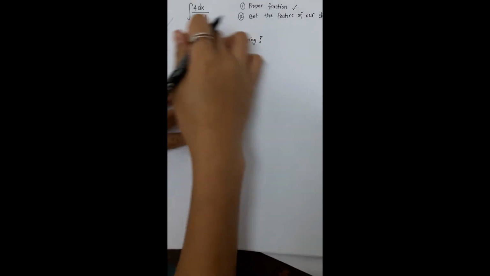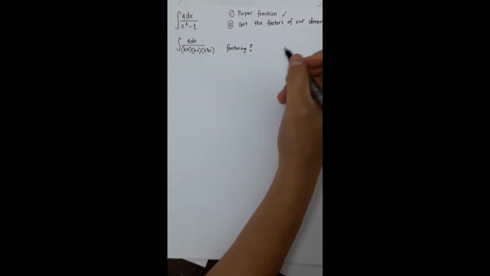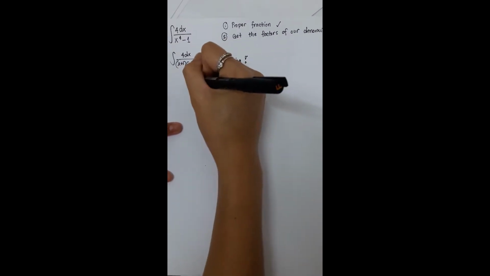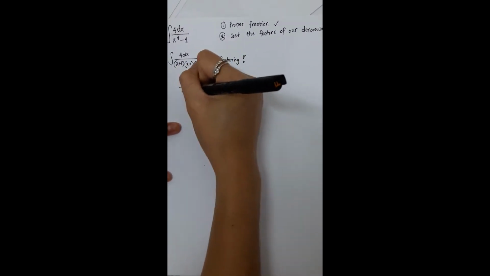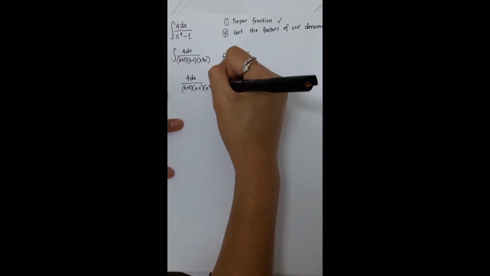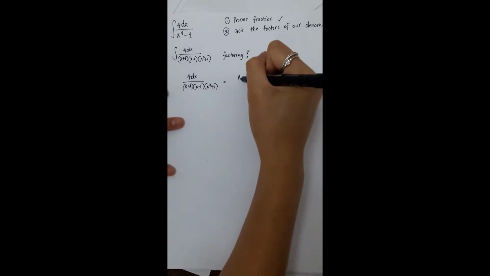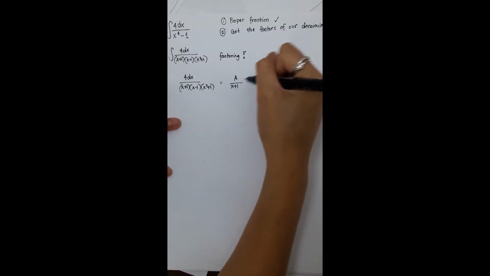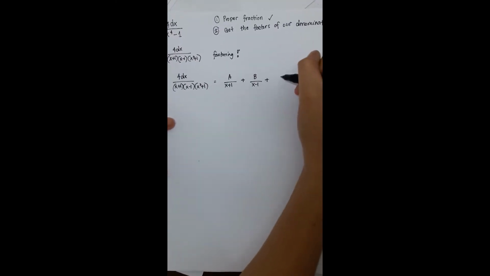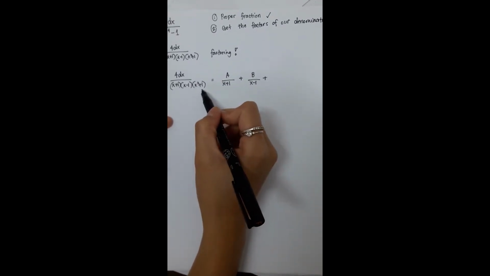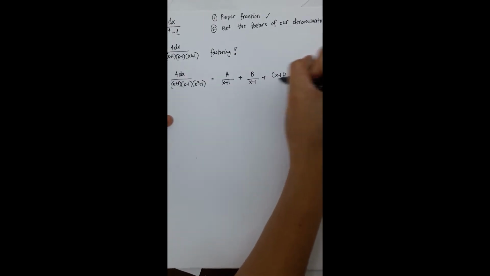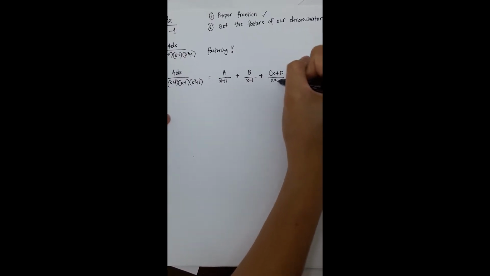To transform this integration of rational fractions into partial fractions, we will equate it to A over x plus 1 plus B over x minus 1 plus, since our last factor is unfactorable, the form must be Cx plus D all over x squared plus 1.